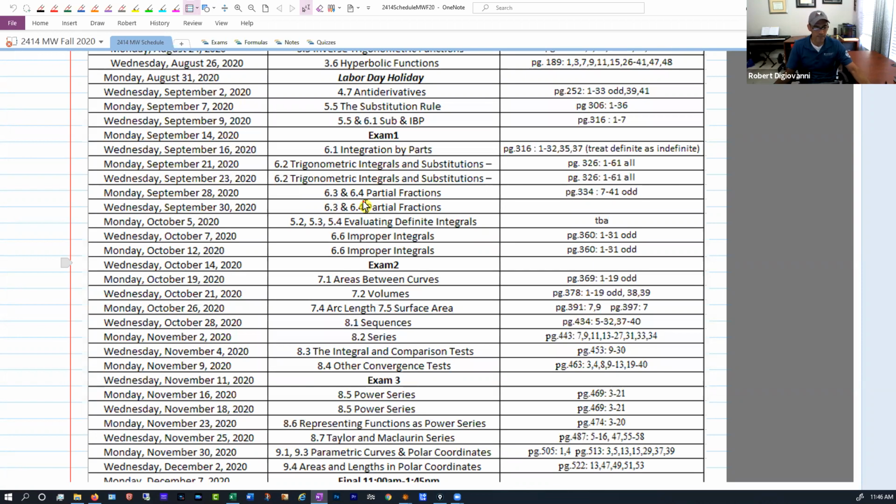All right, we good? Gonna move on. So 5.2, 5.3, 5.4, there's no homework assigned from this yet because I want to talk about it first. What I'm about to do is take these 3 sections and combine them into one lecture, picking the most important parts of each.